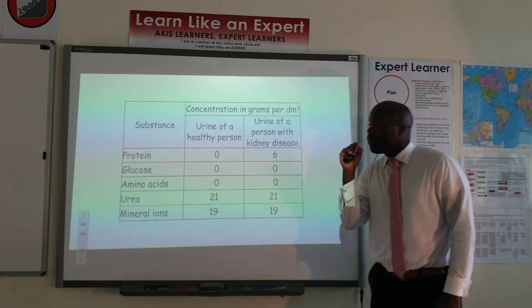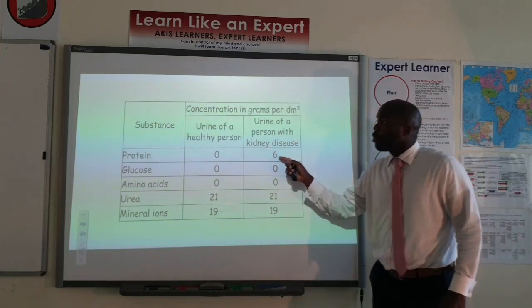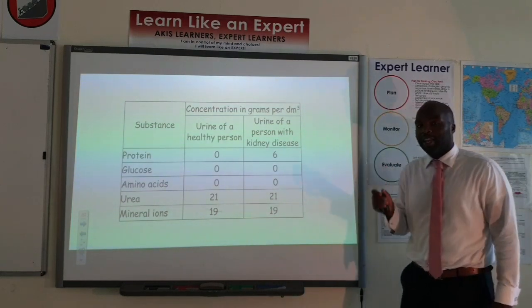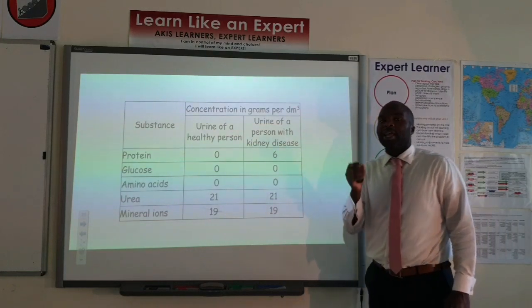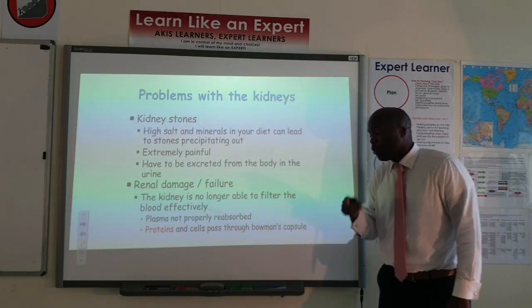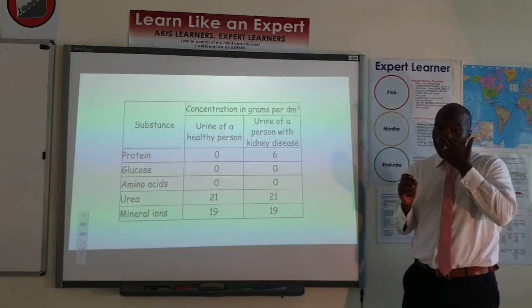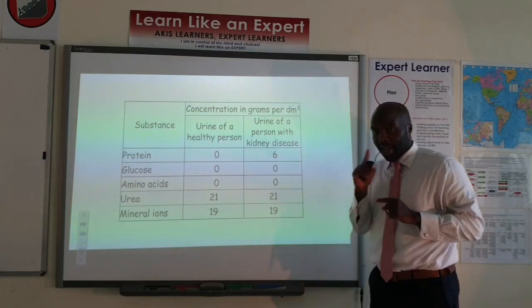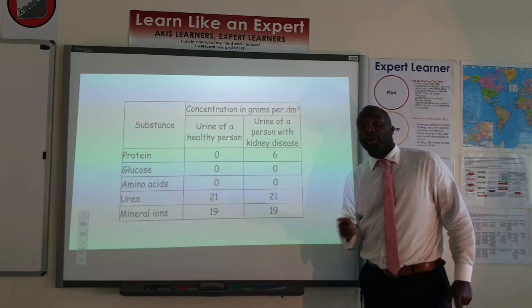However, the urine of a person with kidney failure or kidney disease will show signs of protein being in their urine. This is an issue, and this shows that protein is, if we go back to the last slide, passing through to the Bowman's capsule, and that's a big issue right there. So one way of telling if somebody has kidney failure is by testing their urine for protein.